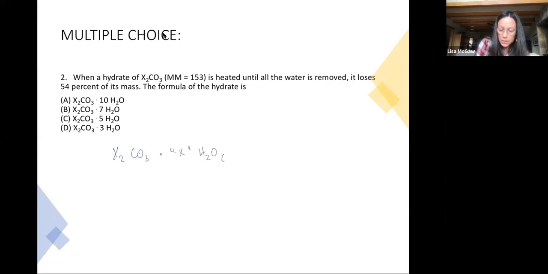And if you remember, hydrates look something like that. They have some water molecules locked into their structure, and we don't know how many water molecules are here.